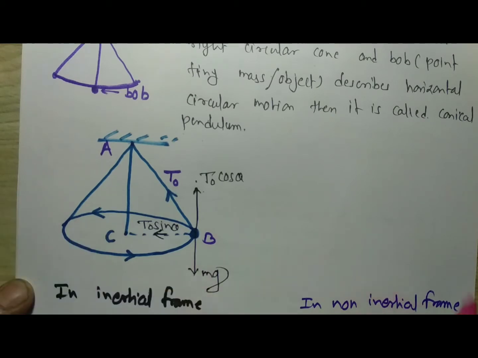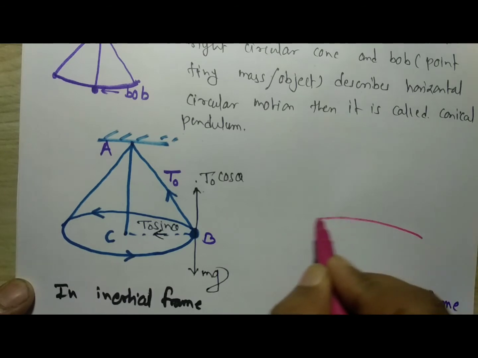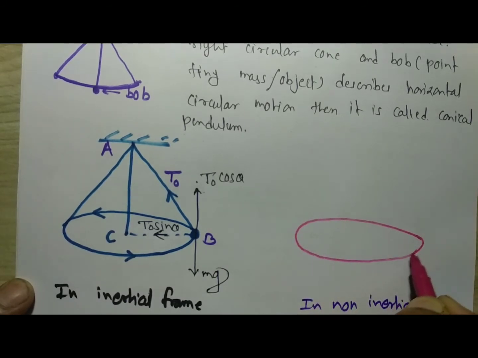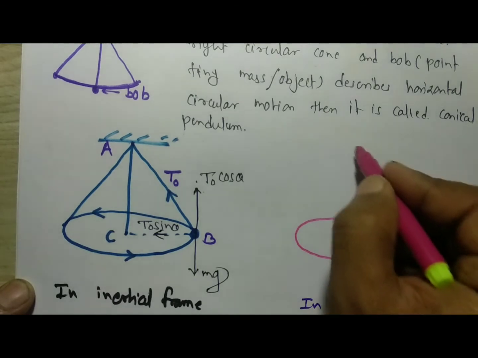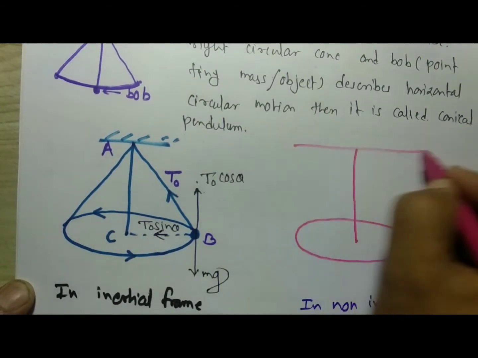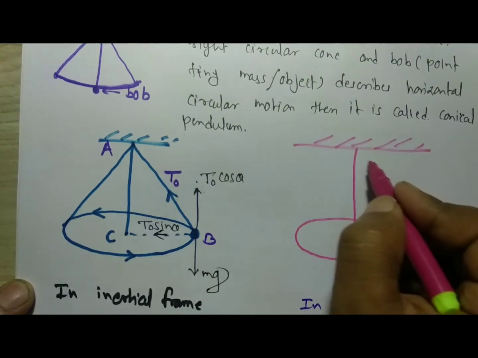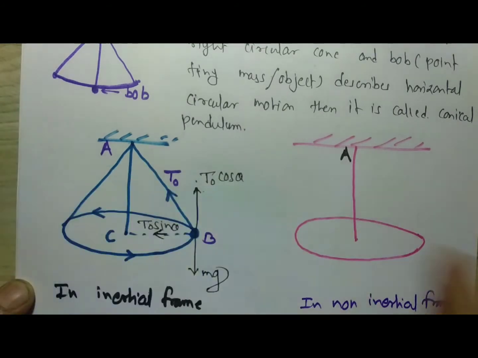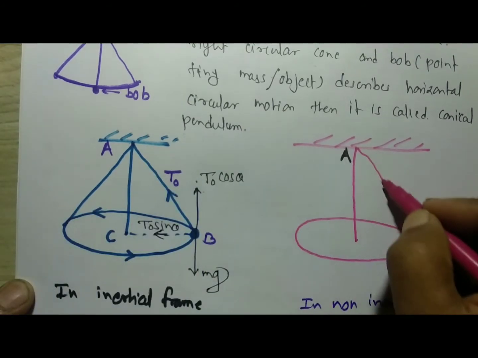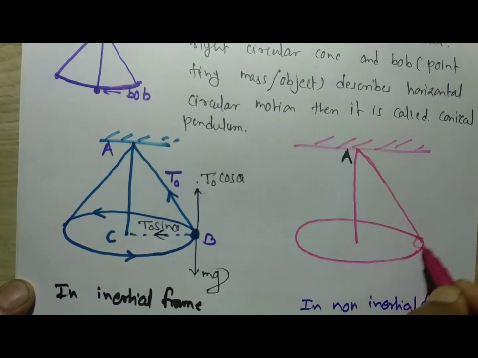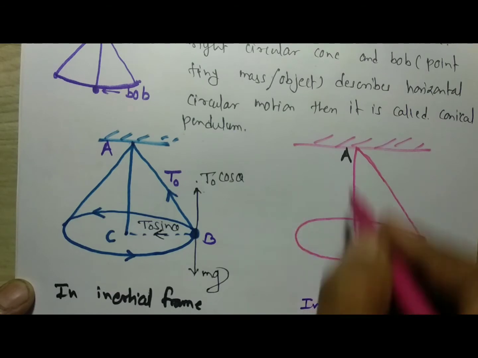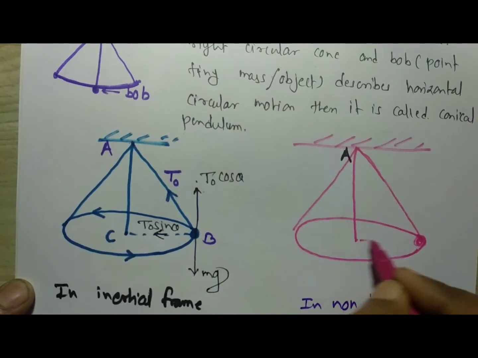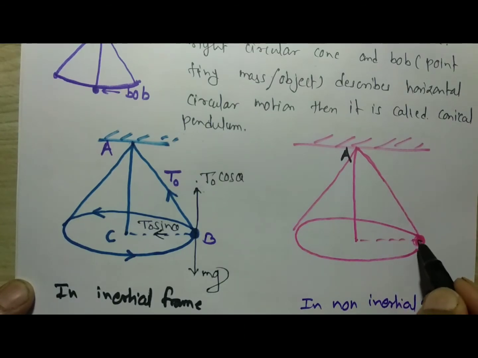Once again, you have to take the consideration of the bob, which describes a horizontal circle and is suspended at point A. Once again, here is the rigid support, and this point is A, and from A point you will get the string, which provides a right circular cone, and this is the radius of that circular path.